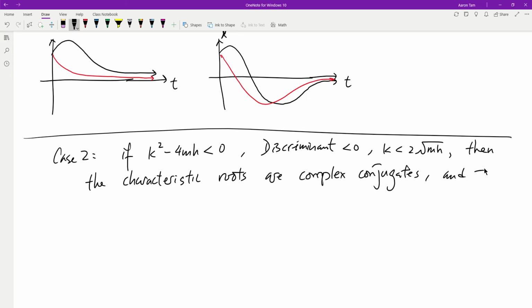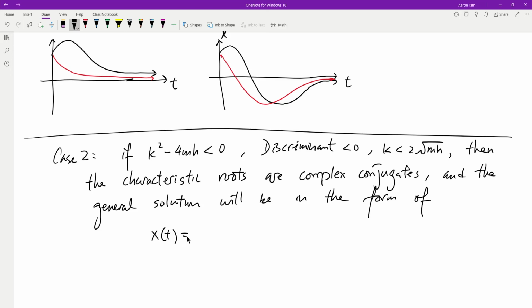And the general solution will be in the form of our typical complex characteristic root general solution, which would be x of t equal to c1 e to the at cosine bt plus c2 e to the at sine bt.